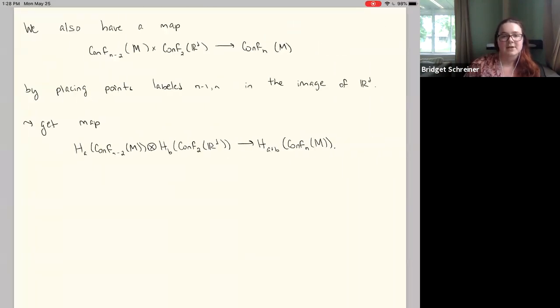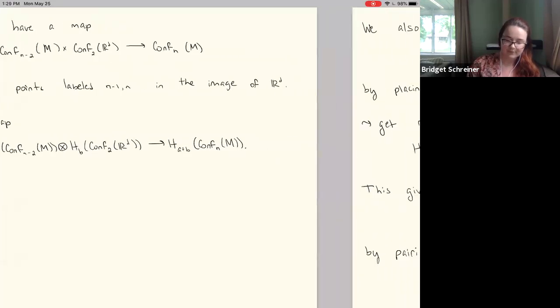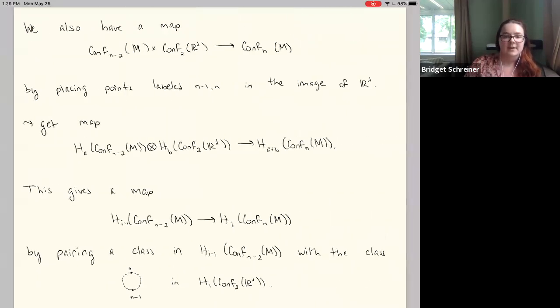By applying homology, we then get a map from the a-th homology of configurations of n-2 points in M, tensored with the b-th homology of configurations of 2 points in R^d, to the (a+b)-th homology of configurations of n points in M. And we can use this to give us a map from the (i-1)st homology of configurations of n-2 points in M to the i-th homology of configurations of n points in M, just by picking a class in H_1 of configurations of 2 points in R^d.